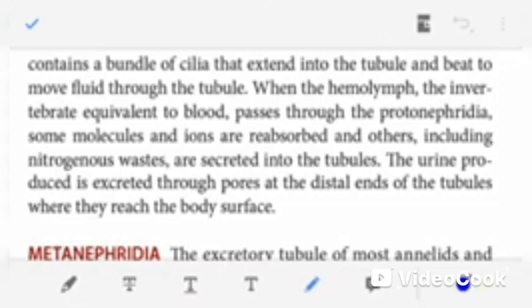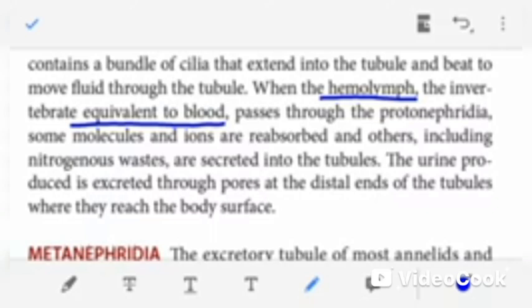What is hemolymph? Hemolymph in invertebrates is considered equivalent to blood, which is present around the flame cells of the protonephridia, or around all the tubules of the protonephridia.